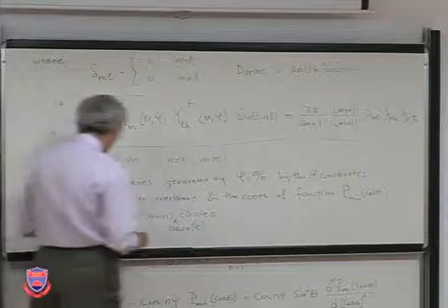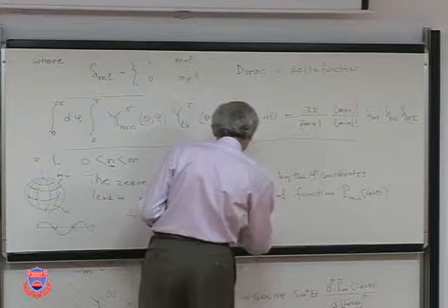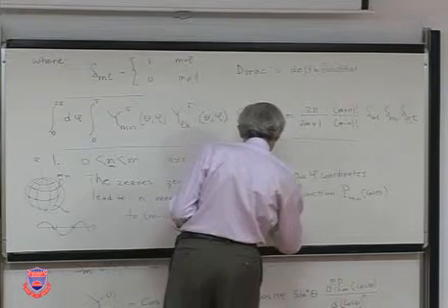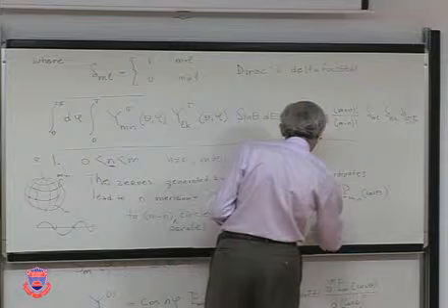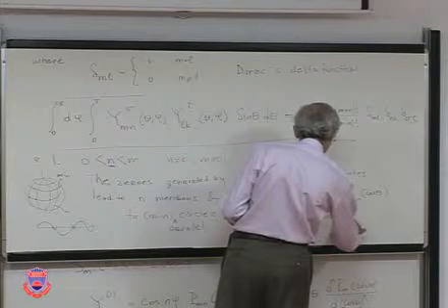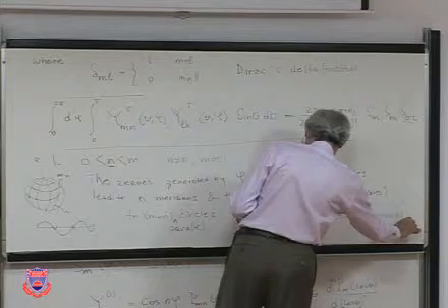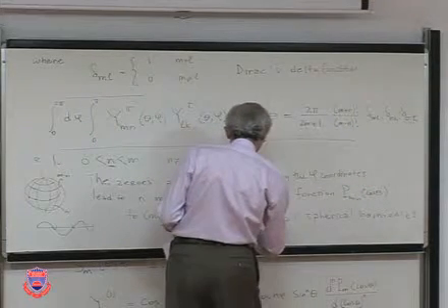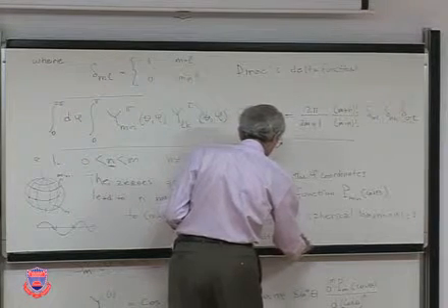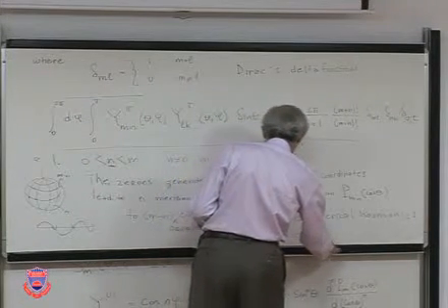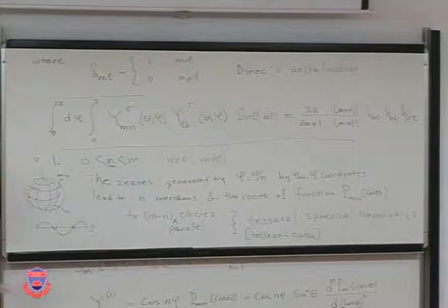Sometimes we call these the tesseral spherical harmonics. I don't know if you will ever see this. Tessera, I think in Latin, means cube. Just reminds you of the shape.